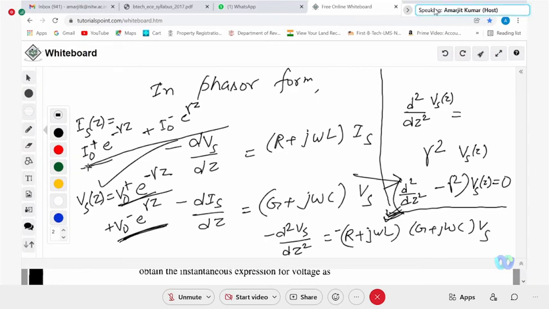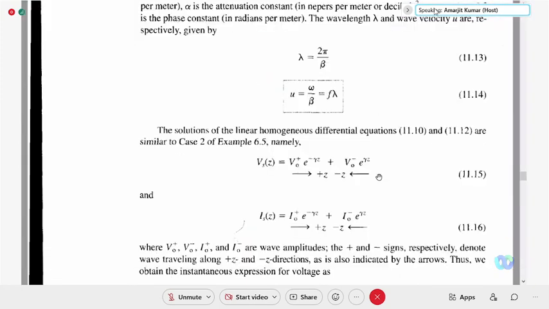Similarly, this phasor current wave is traveling in the plus z direction, and this phasor current component is traveling in the minus z direction.